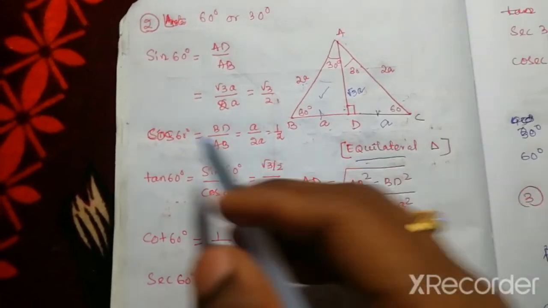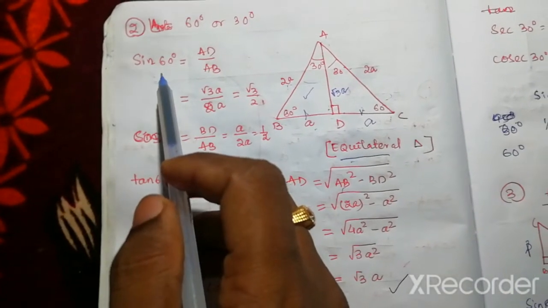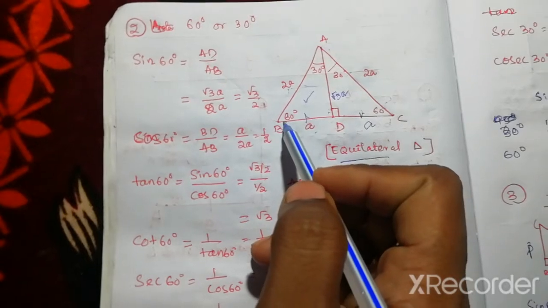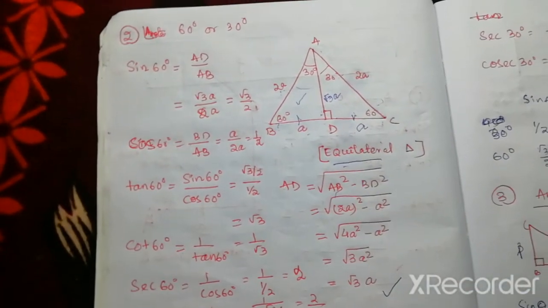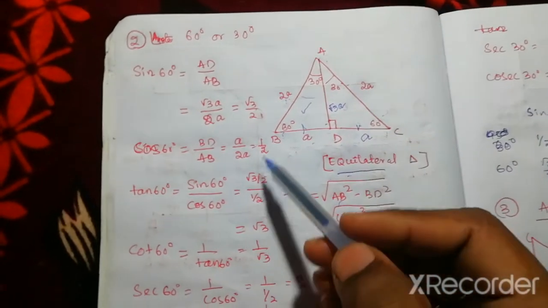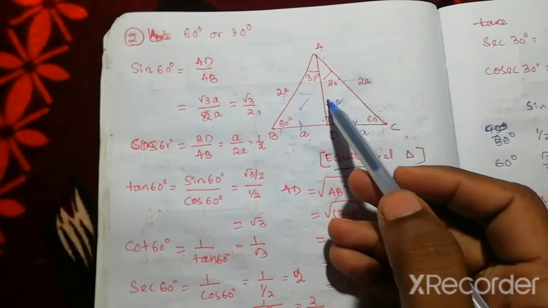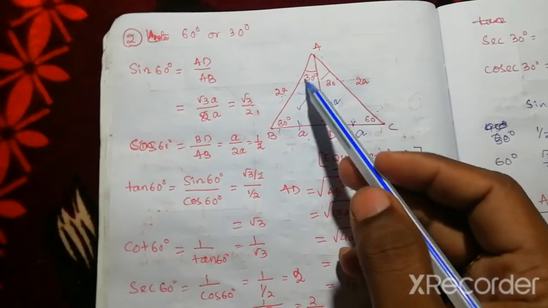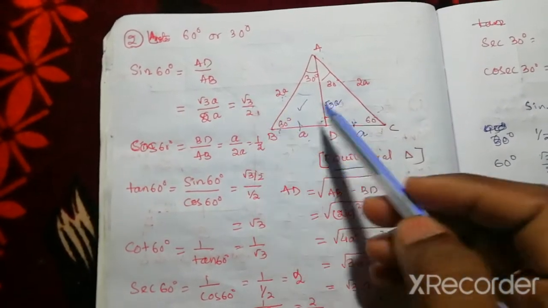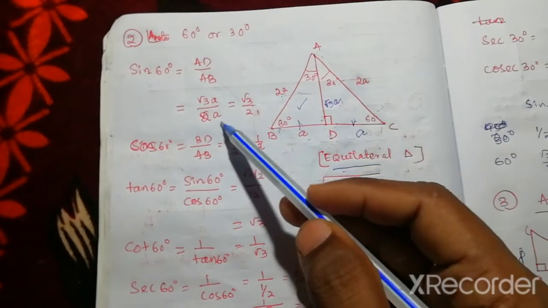Okay. Look at sin 60. Sin 60 means the front side, or the opposite side, of 60, because this one is P by H. Opposite side is AD by hypotenuse AB. So AD is root 3 a by 2a.